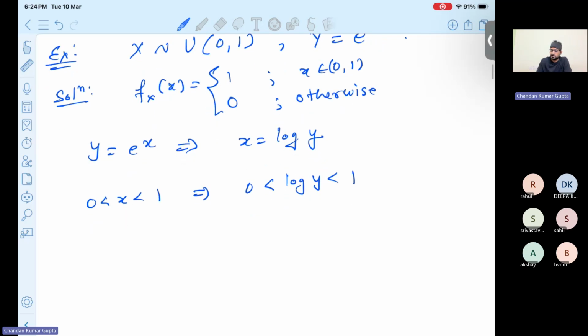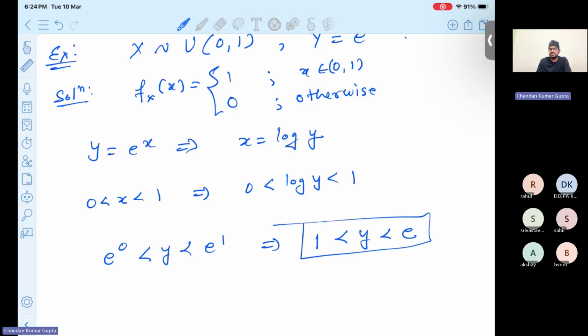From here we can take the exponent on both sides, so e to the power 0 is less than y, which is less than e to the power 1. This implies y lies between 1 and e. So this is the range, or support, for the transformed variable y.